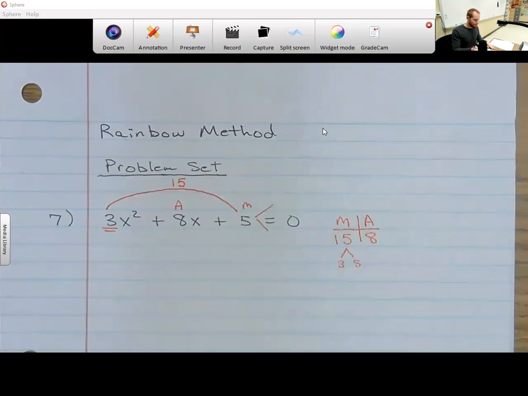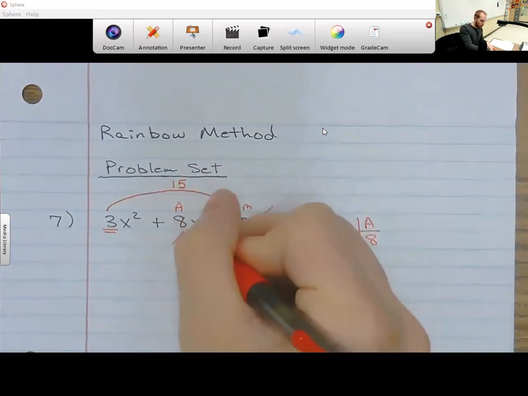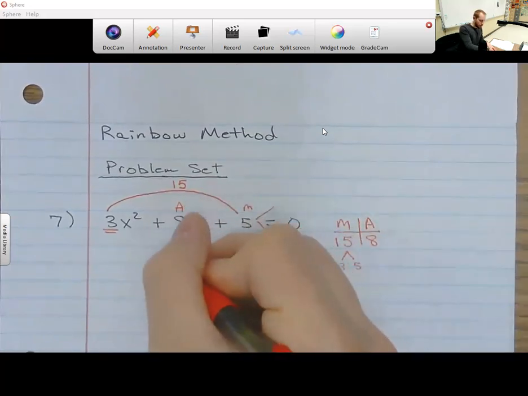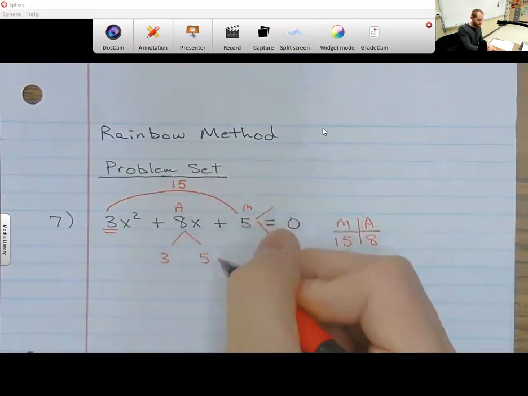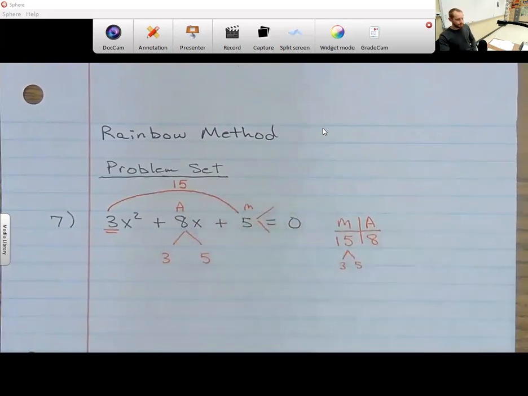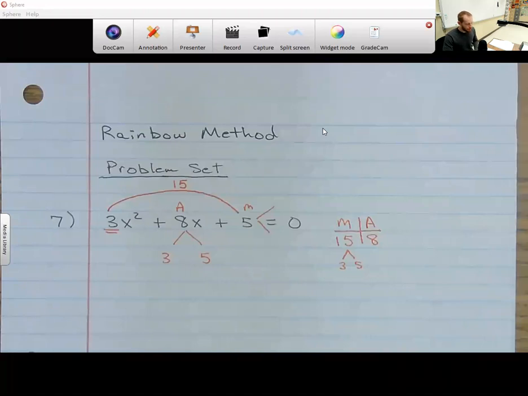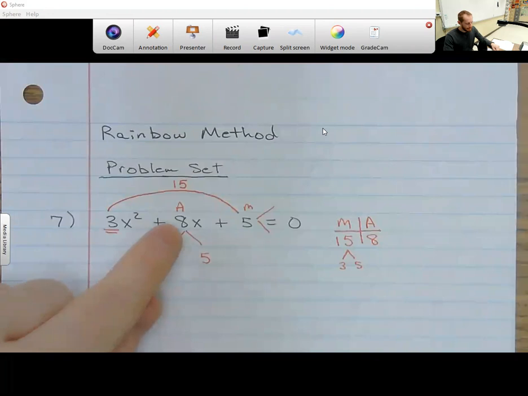That'll do it. So when I get to my middle term, I'm going to break this up into 3 and 5. Now, since I'm adding up to an 8x, I've got to put x's on both of these numbers to make it work.